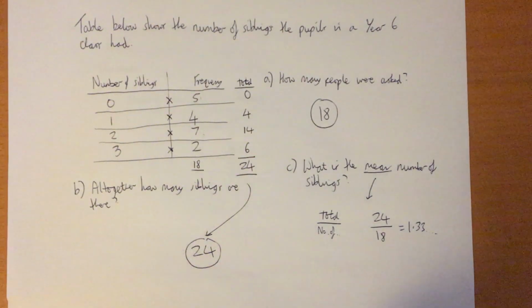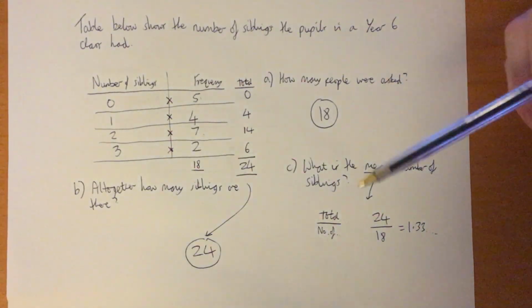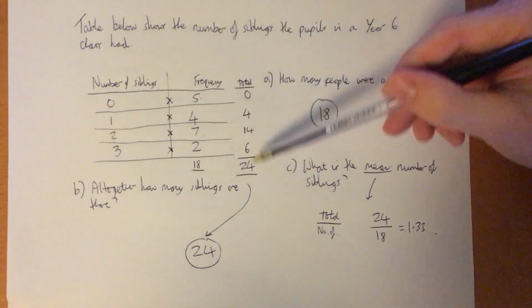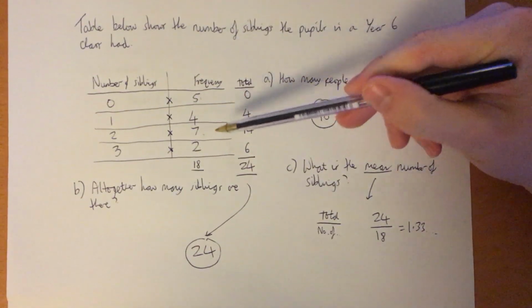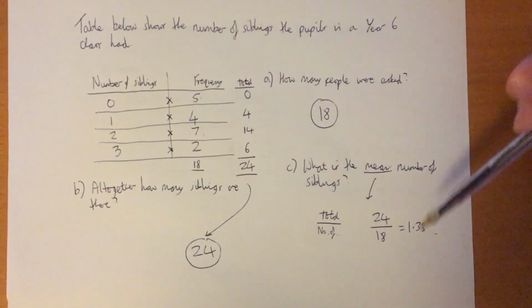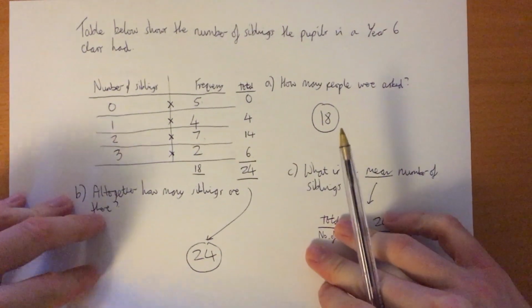Now we don't round it up, we just keep it like that, 1.333. So that would be our final answer here. Okay? I know it seems silly because you can't have 0.333 of a sibling, of a person, but in this case, that's the answer they're after. So to find the mean, we found the total number of siblings that there were. We then divided that by the total amount of students that were asked in the first place, and that's how we got it. So I've got one more example here for you guys.